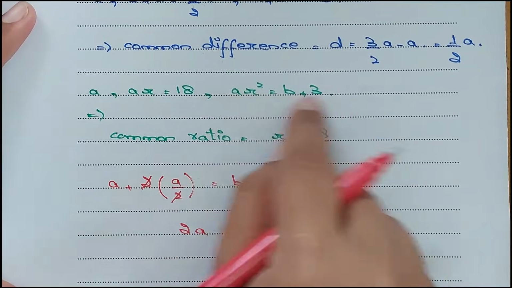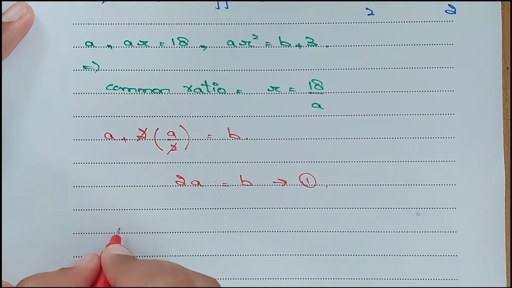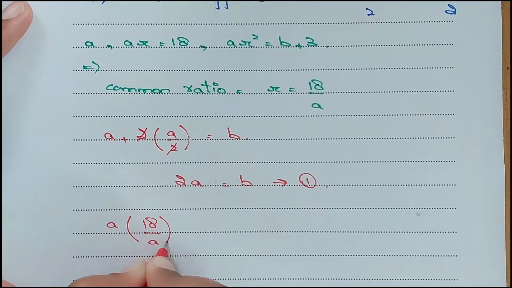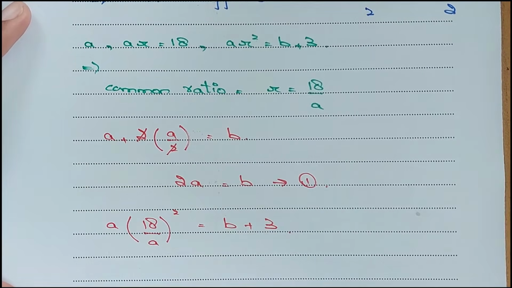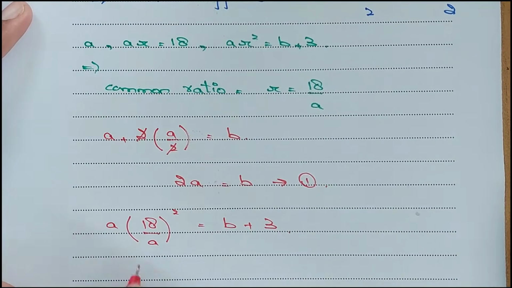This is my first equation. And if we consider this one, substituting R over here, so we have A times (18 over A) whole square equals B plus 3. So what is 18 square? 324.